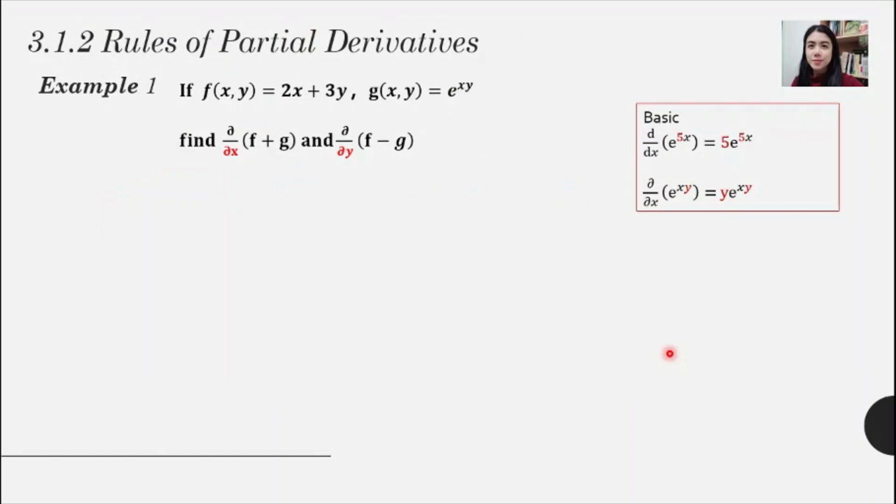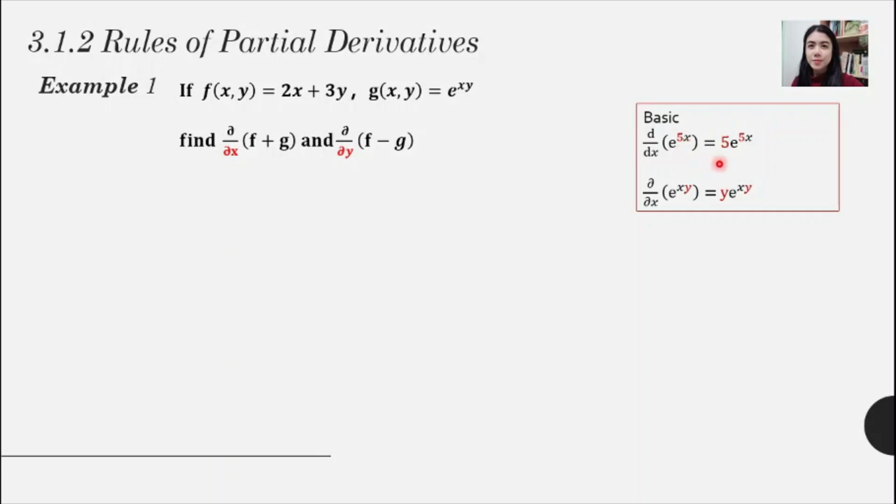Okay, before we go and solve this example, let's look at some basics. We have e to the power of 5x. If you want to differentiate with respect to x, we focus on the power, which is 5x. What happens if we differentiate 5x? It gives you 5.